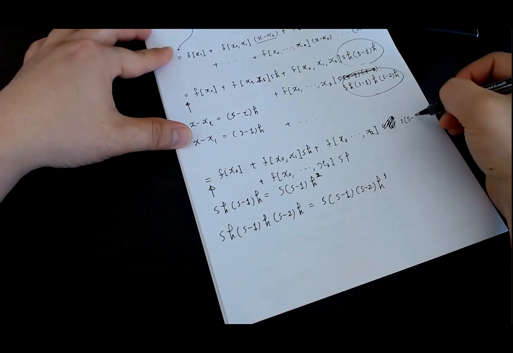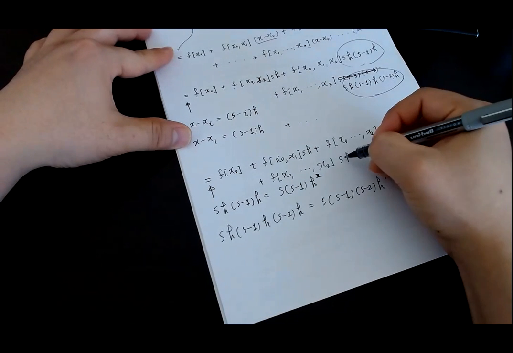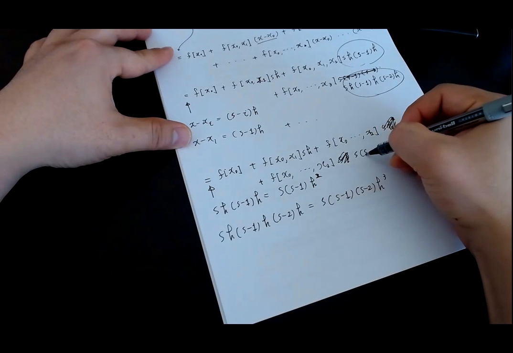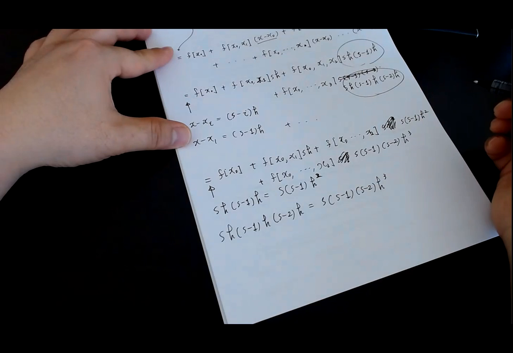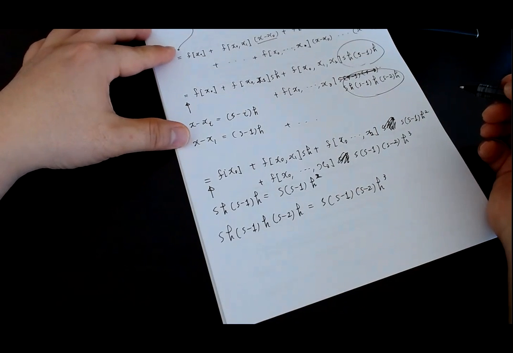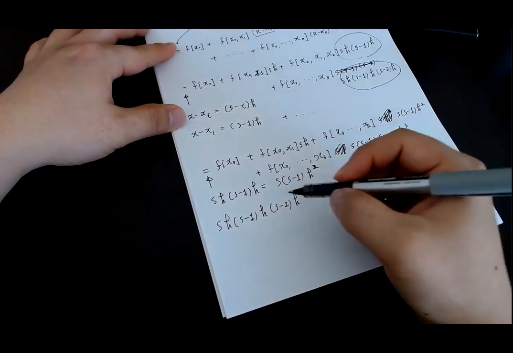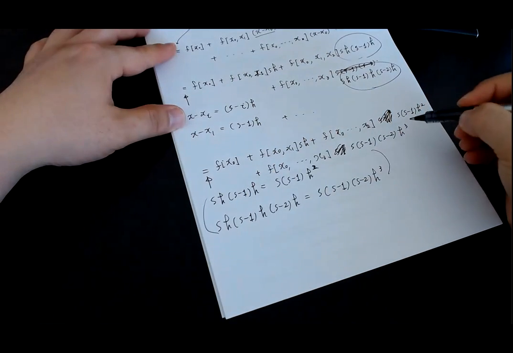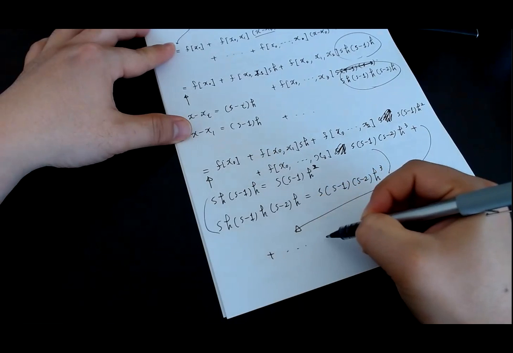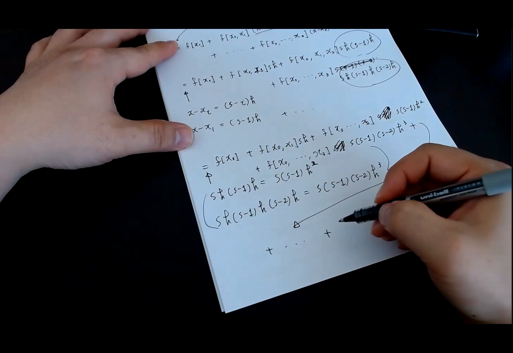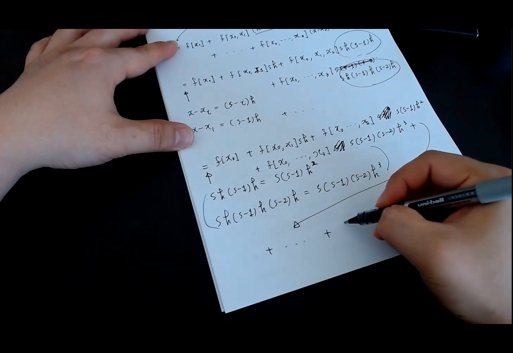S times s minus 1 h squared, right? This is s times s minus 1 times s minus 2 h cubed. Is it? And then plus what's the last term? The last term is going to be what?